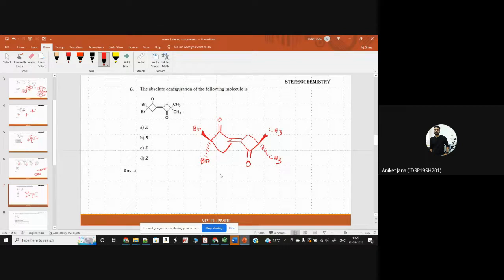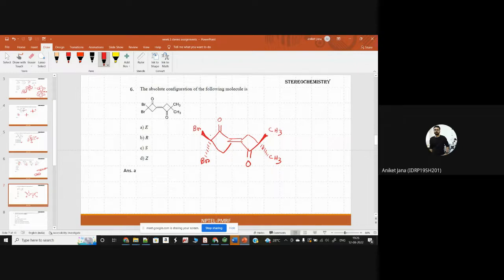Tell me, how will it proceed? Will we proceed for R or S or E or Z? At first, tell me that. E and Z. Why? Why not R or S? Not a stereocenter. Not chiral at all. Okay. This is in one plane.